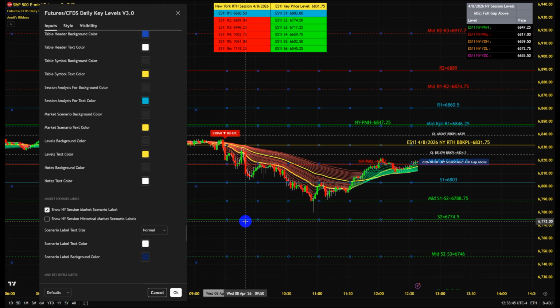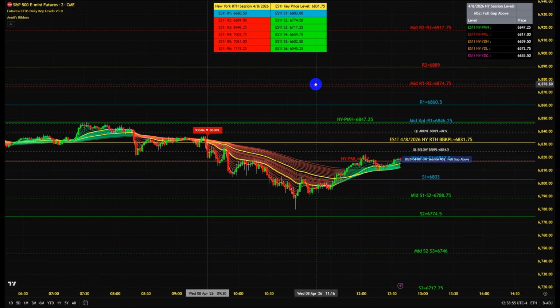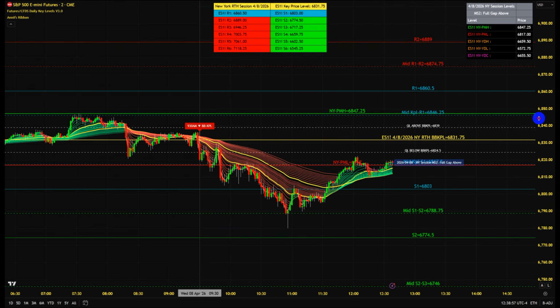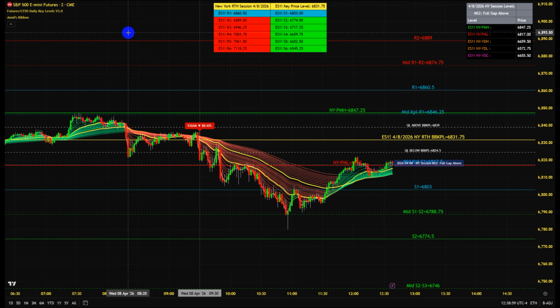Okay, so let's just pause this for a second. All right, so as you can see here, we're on a 2-minute chart. The recommended chart time frames for utilizing this indicator on the NASDAQ futures and the S&P 500 futures is going to be somewhere between 1 minute and 5 minutes.